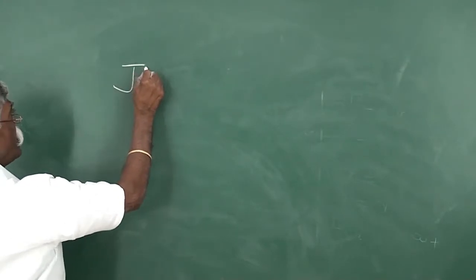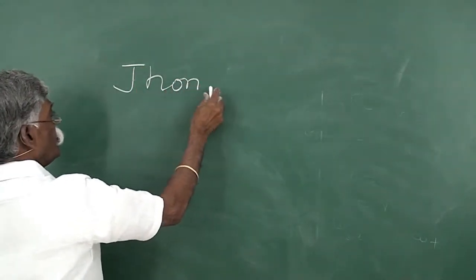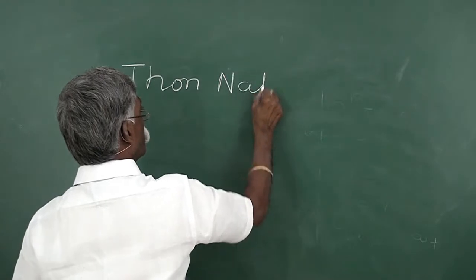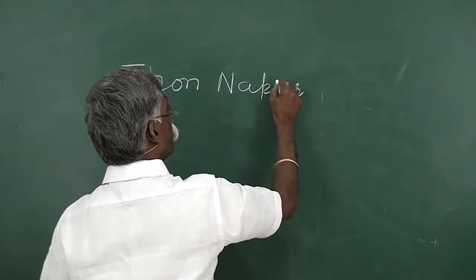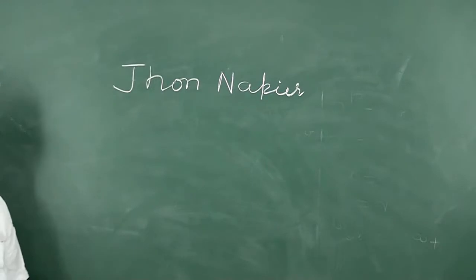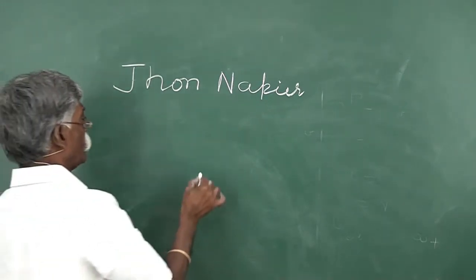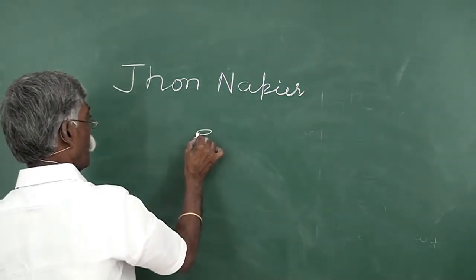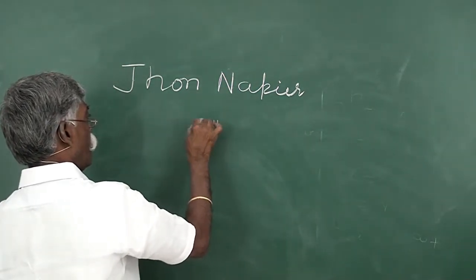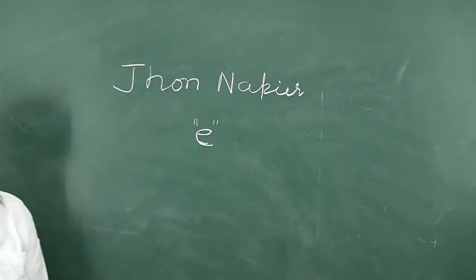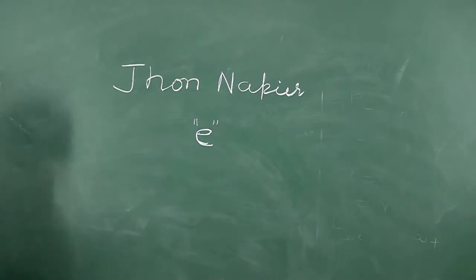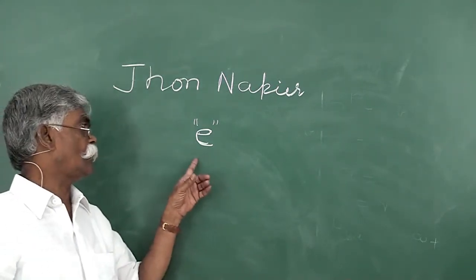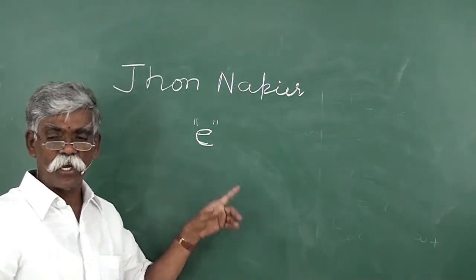Logarithms were first introduced by a famous mathematician, John Napier. And hence the logarithms which are calculated to the base e are named after him as Naperian logarithms as well as natural logarithms, because he calculated the logarithms to the base e.